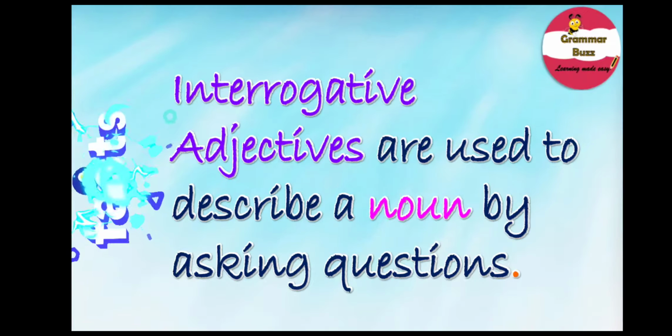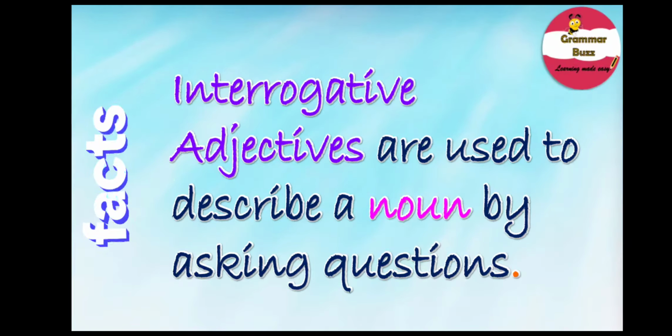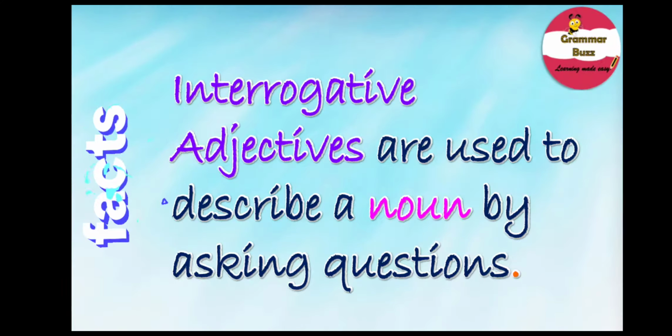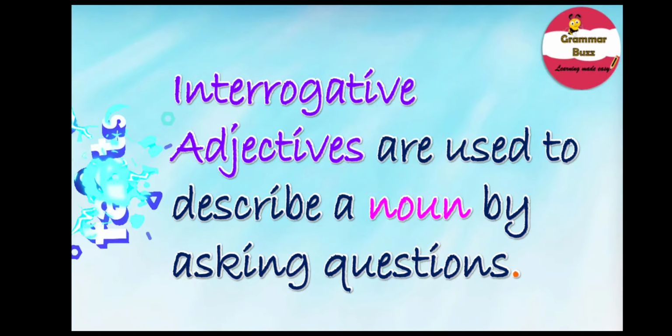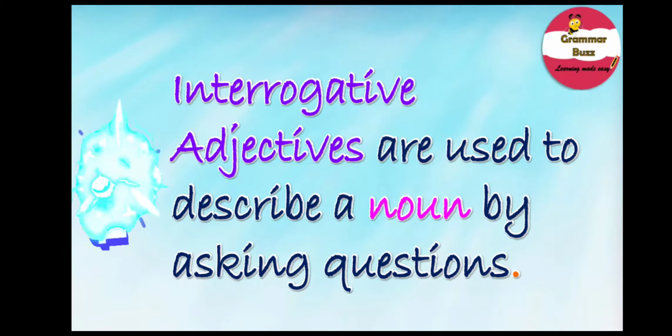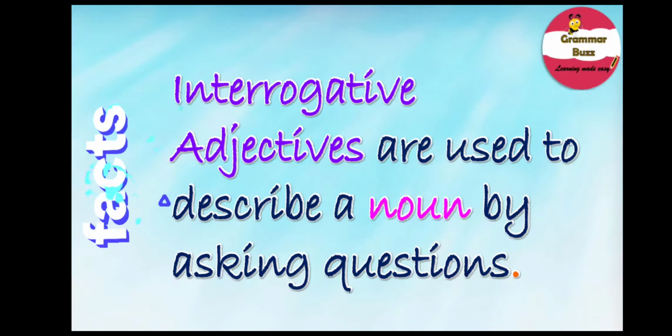Yes, interrogative adjectives, like other adjectives, are used to describe a noun in a sentence by asking questions. That's their job, describing nouns. After all, they are adjectives, and the job of an adjective is to describe or modify a noun. So, interrogative adjectives describe or modify a noun by asking a question.